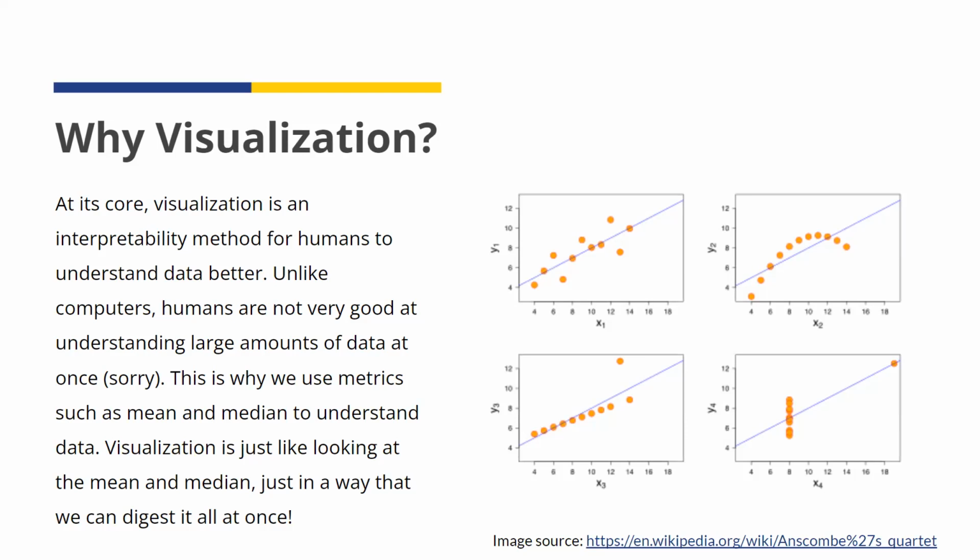The algorithm for each of these actually creates the same regression line for all of them, though. So interpreting figures is really a skill that we have to learn, because a lot of the time it's very deceptive to make inferences just based off of pictures alone, right?